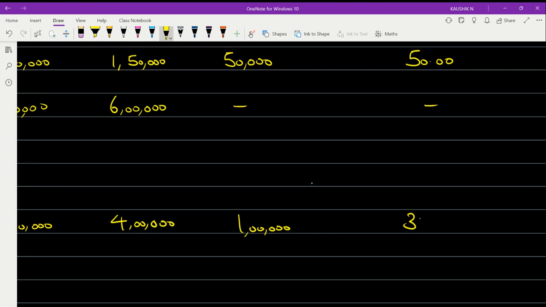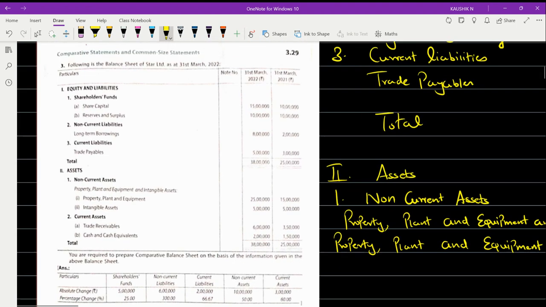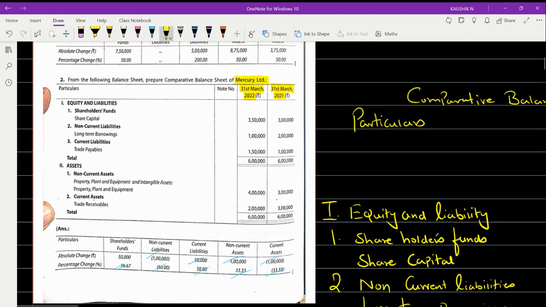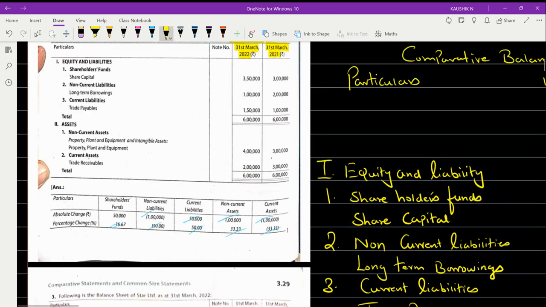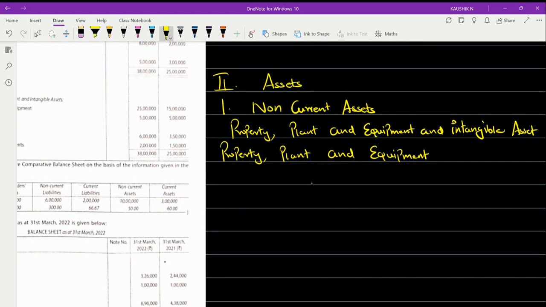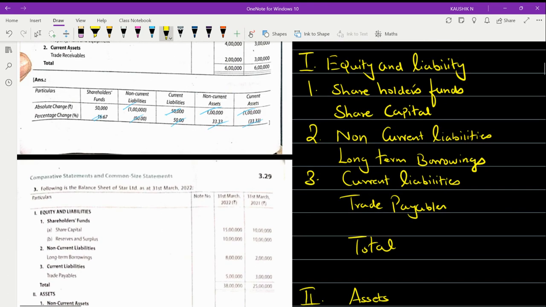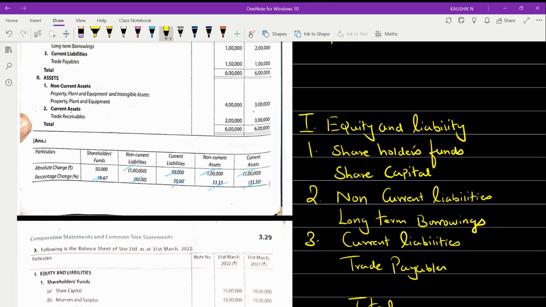Yes, sir. So 33.33. Coming up to the next item, what is given to us? Current assets, under this, trade receivables. The value we have is 3 lakhs for the previous year and 2 lakhs for the current year.